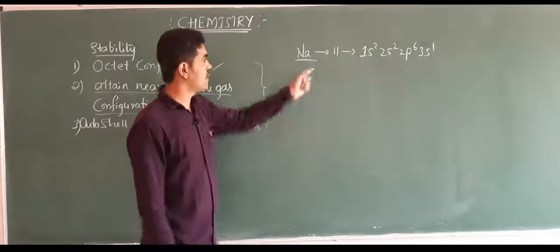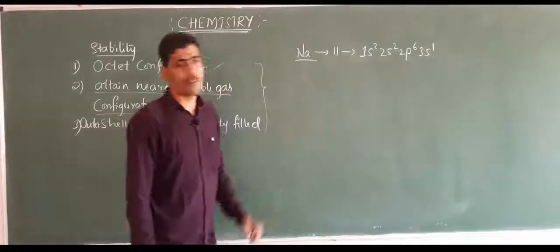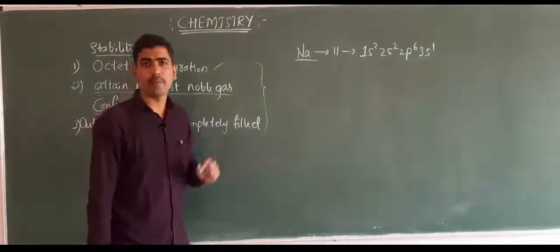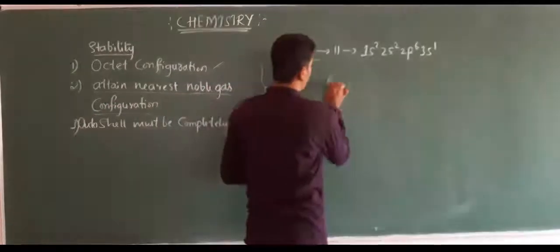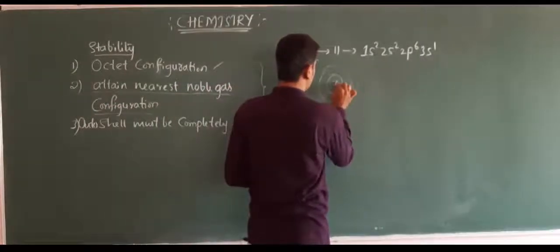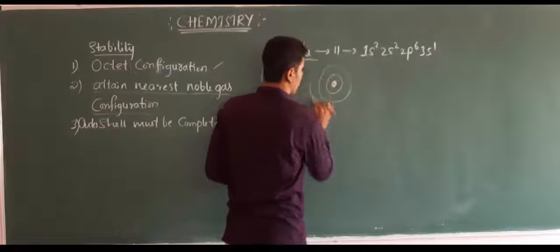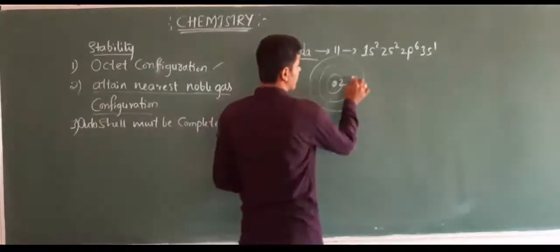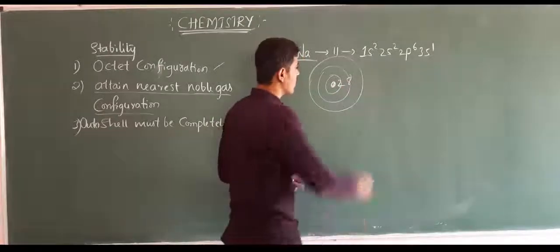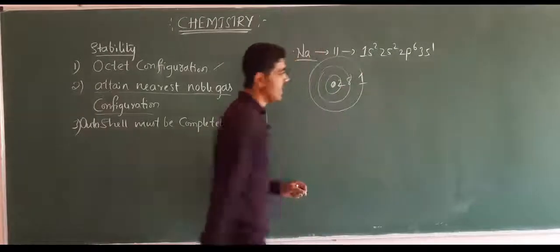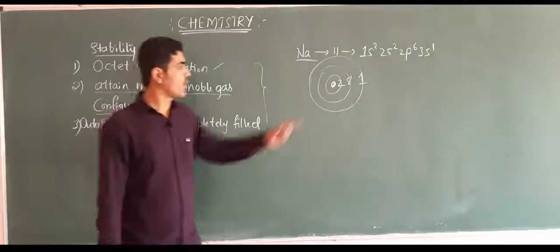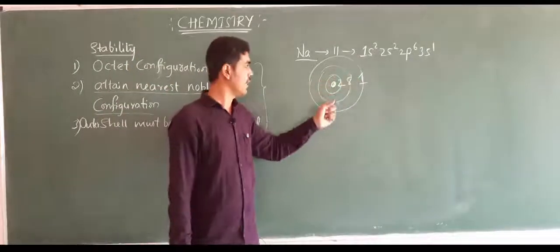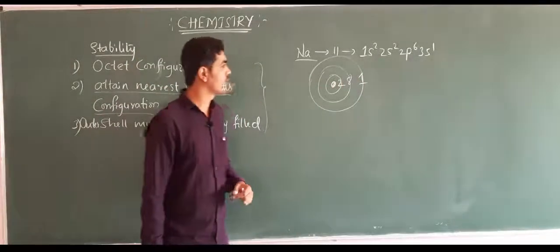Okay, this is how we can write the electronic configuration for sodium. Now structurally, how can we represent the structure of sodium? This is the nucleus. The first shell contains 2 electrons, the second shell contains 8 electrons and the third one will contain 1 electron. So totally 11 electrons are distributed in the sodium atom like this.